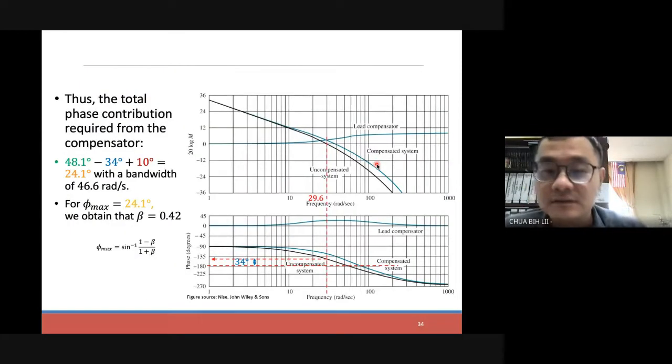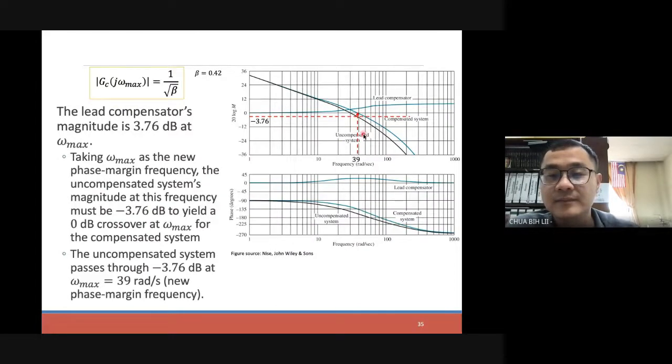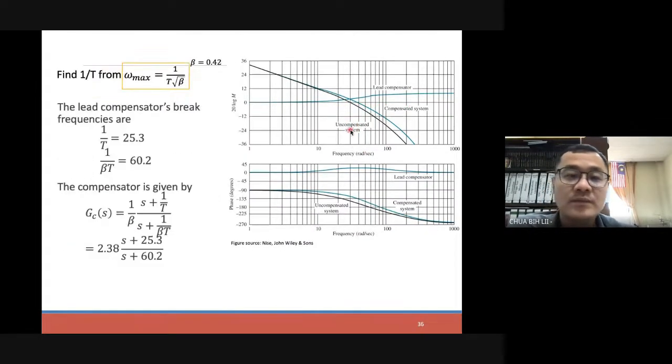From 29 to 39, somewhere here. From those values, we adjust again using another set of relationships, the boxes.